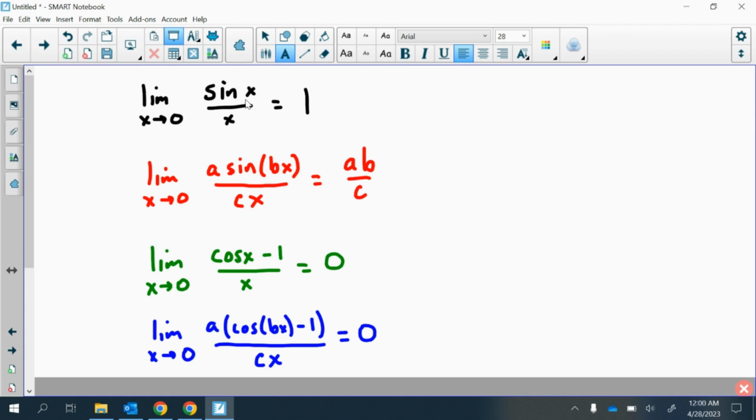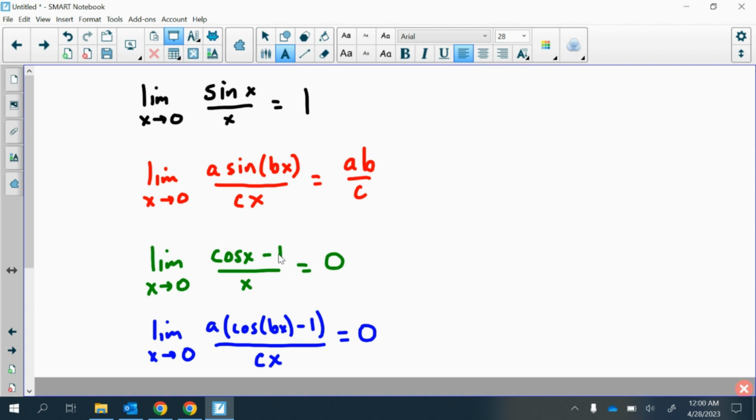So what would happen if we took the reciprocal of something like this? The limit as x approaches 0 of cx over a times sine of bx. That's something you may want to think about. Where can this stuff show up? What if we end up with the limit as x approaches 0 of cosine squared minus 1 over x?